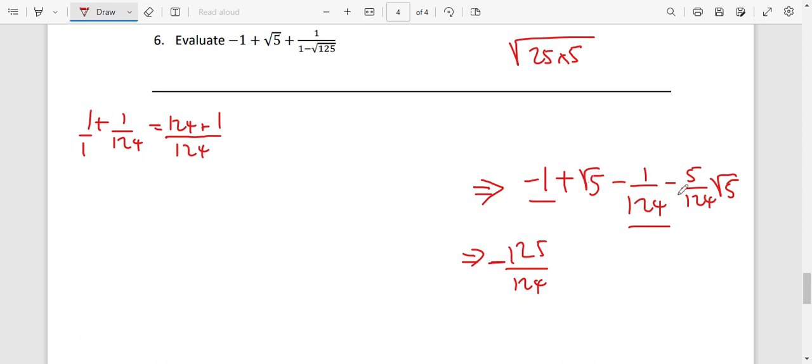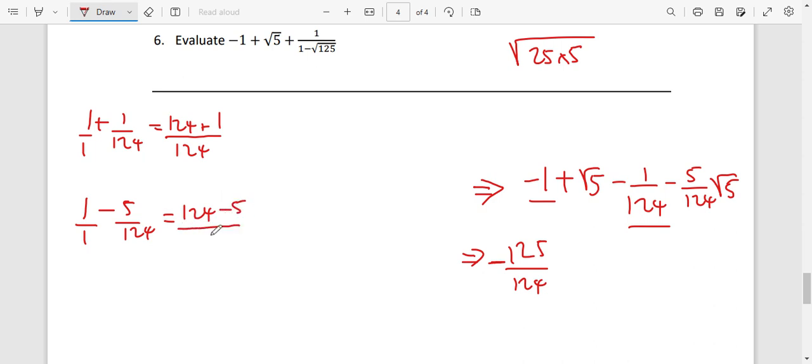Same with the root 5 terms: 1 root 5 minus 5 over 124 root 5. So just get the numbers in front. Root 5, there is a 1 in front. The other root 5, there is a negative 5 over 124. So multiply 1 times 124 is 124. 1 times negative 5 is a negative 5.